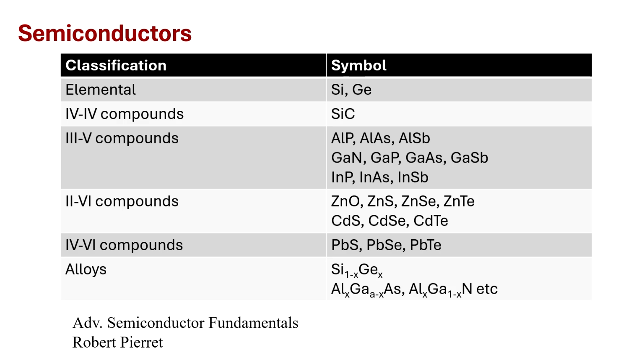If you look at the 2,6 compounds, they mix group 2 and group 6 elements. So zinc based compounds or cadmium based compounds are prime examples of 2,6 compounds. Then we have 4,6 compounds such as lead sulfide, lead selenide, lead telluride, and then alloys such as silicon germanium alloys, aluminum gallium arsenide alloys, aluminum gallium nitride alloys, where one can vary the proportion of two elements.